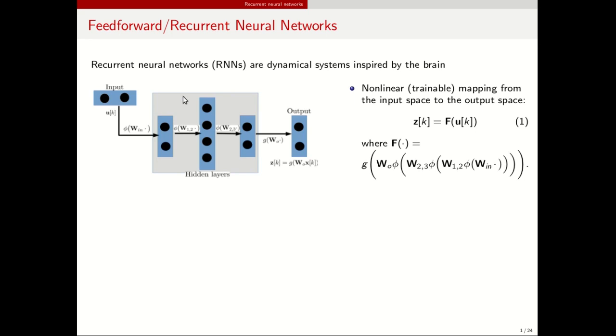Black dots are supposed to be the neurons of the network, which are usually real numbers, and we start with an input vector labeled as u at time k, and that's a two-dimensional vector, and we pass the input vector through this matrix Win, and then we non-linearly transform the result by means of this nonlinear function phi called the activation function, which is usually a continuously differentiable, bounded, and monotonically increasing function.